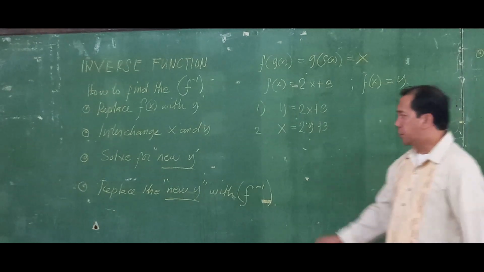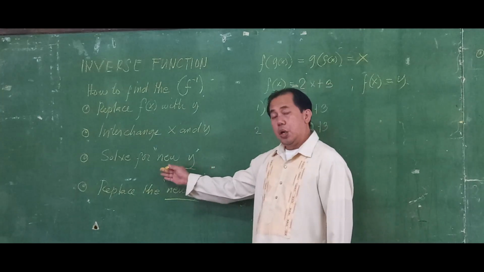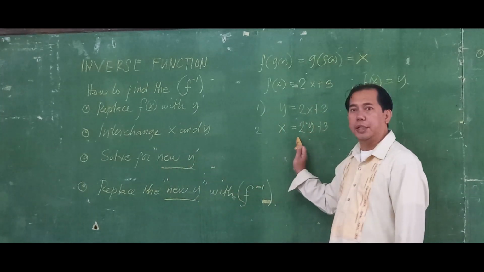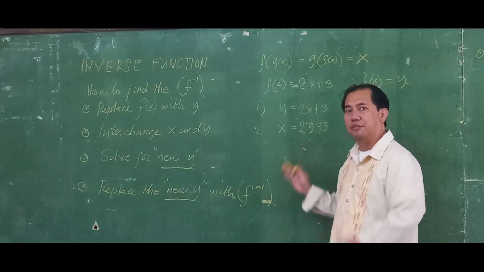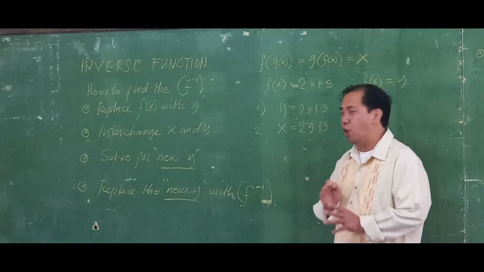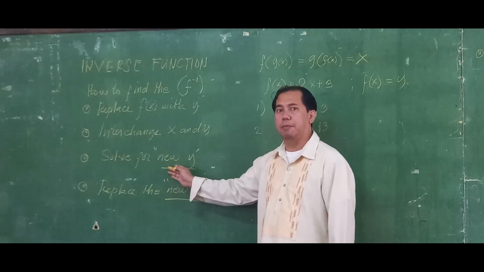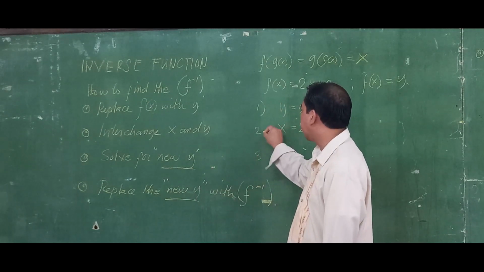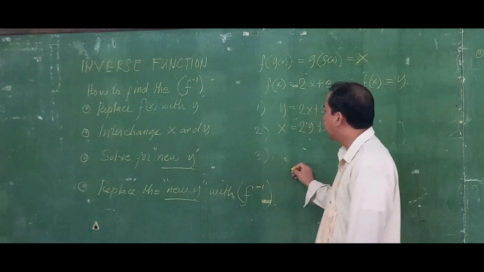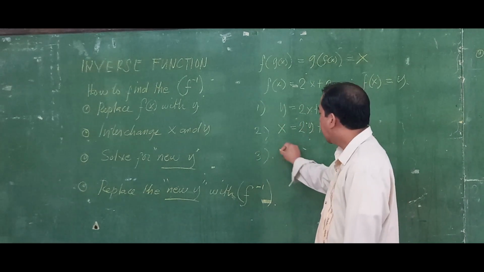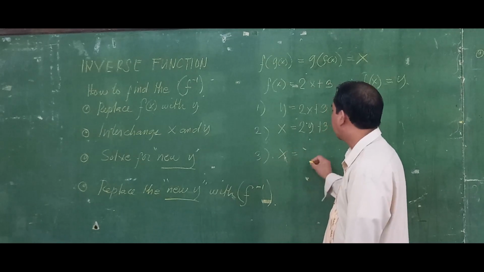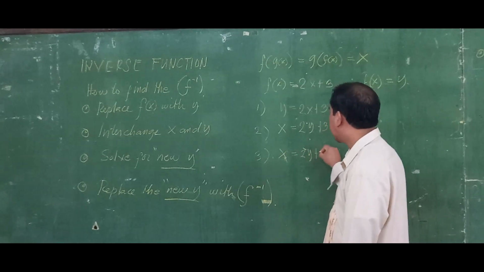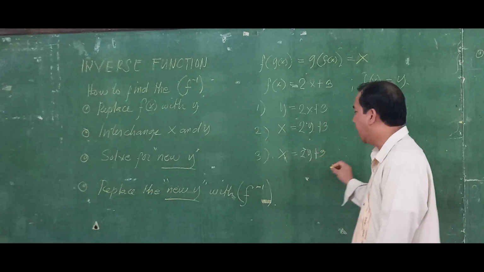Next, it says in here, after having now the interchanging of your x and y, that's the time now to look for the value of y. The new y, so for number 3. Okay? So how is that? In our step number 3, we have now in here, x is equal to 2y plus 3. How do we solve for that one?